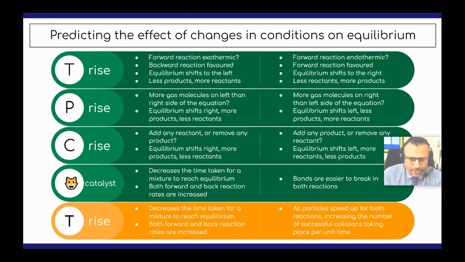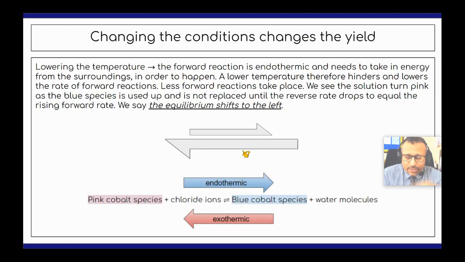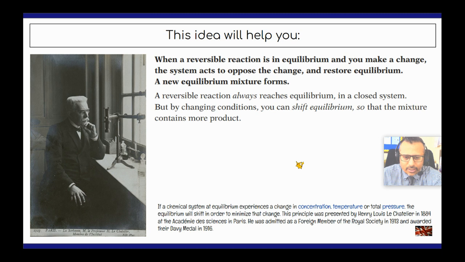With the last video, just to give you a reminder, we talked about changing conditions and how that would affect the equilibrium of a reversible reaction within dynamic equilibrium. The idea that helped us summarize everything was that when a reversible reaction is in equilibrium and you make a change, the system acts to oppose that change and restore equilibrium.